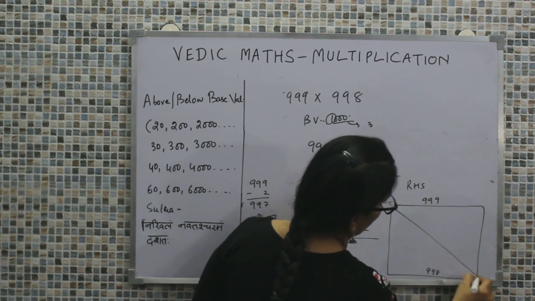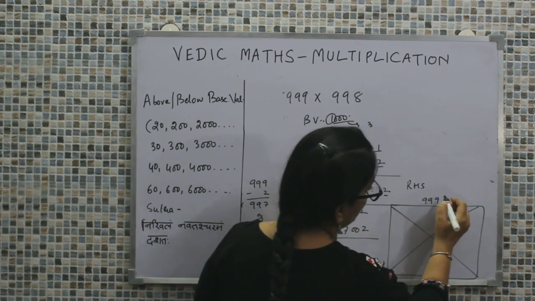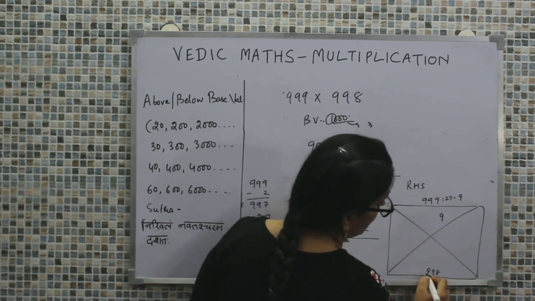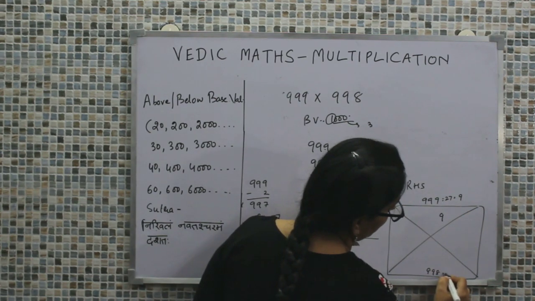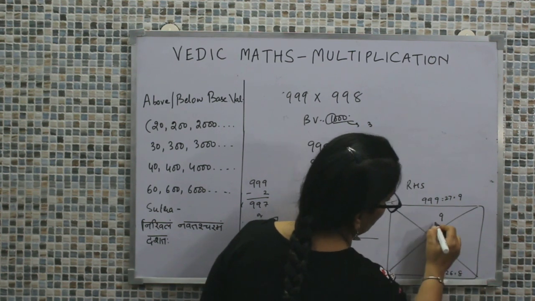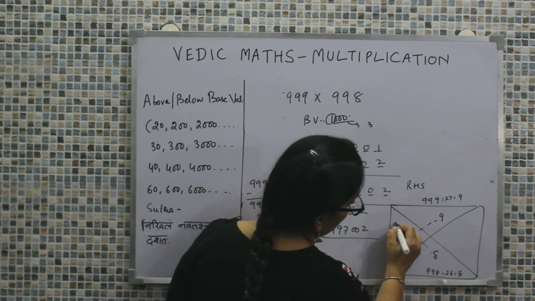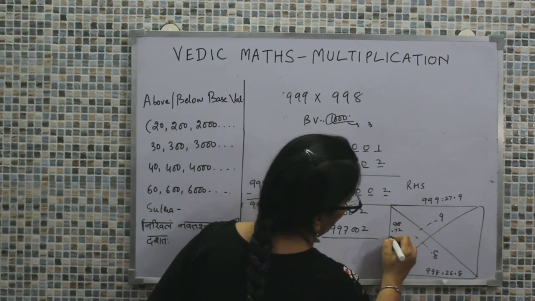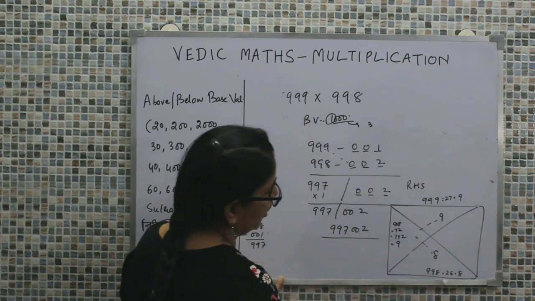For the verification, make it out this way: 999 and 998. Digital sum, 9 3s are 27, 7 plus 2 is 9. Digital sum of 998 will be 26 and 6 plus 2 will be 8. Multiplication, 9 into 8, that is 72, and digital sum will be 7 plus 2, that is 9.